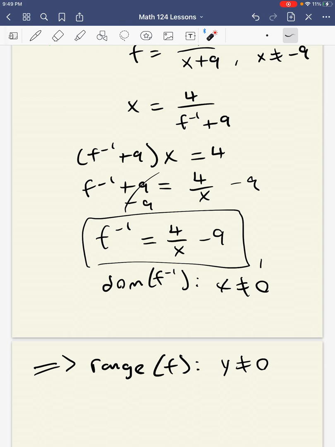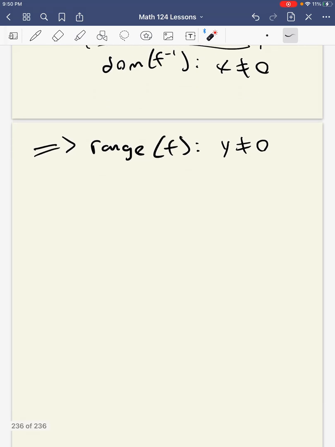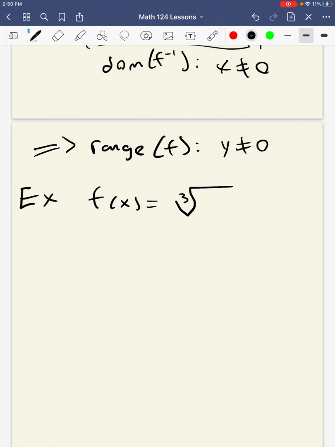Okay, cool. So let's try one last example here. Let's consider the function cubed root of 2x. And if you do not know how to graph it, to do the horizontal line test, you could check if it's 1 to 1 by doing this way.